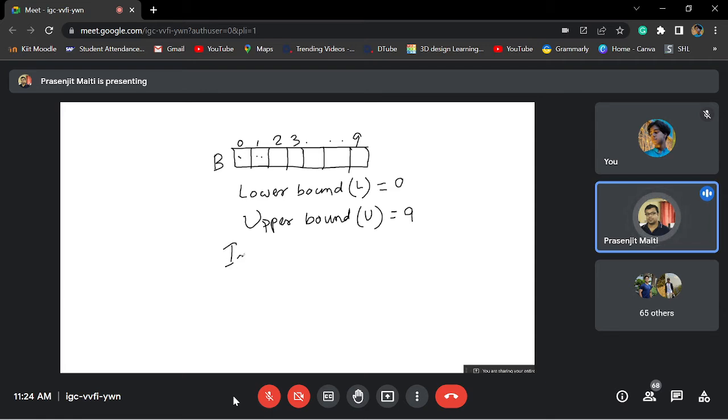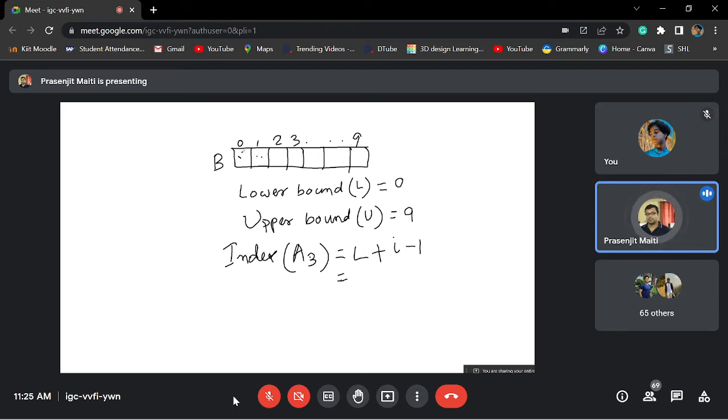If you want to know the index of A3, you can write L plus I minus 1, meaning the third element index.